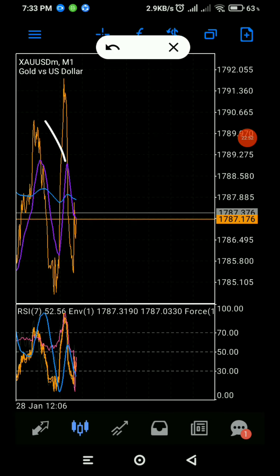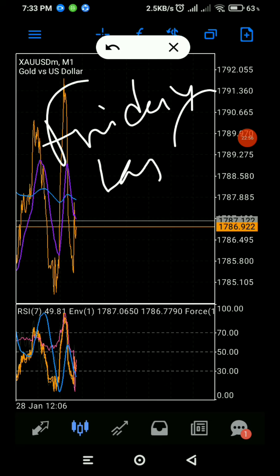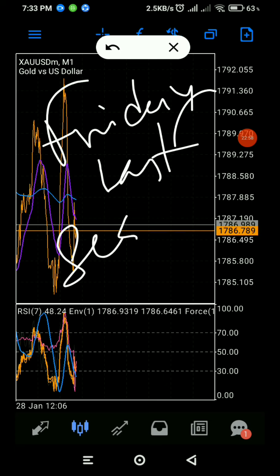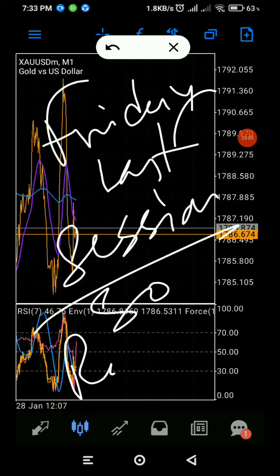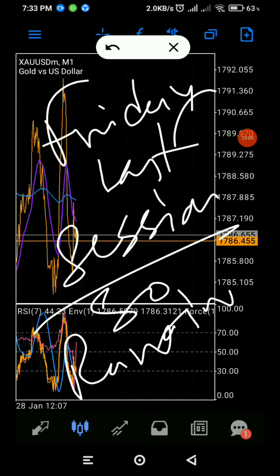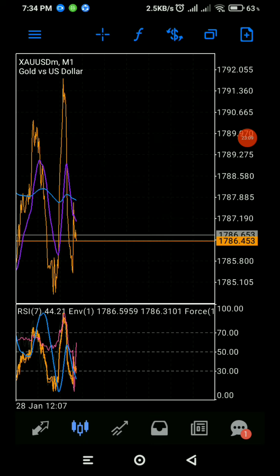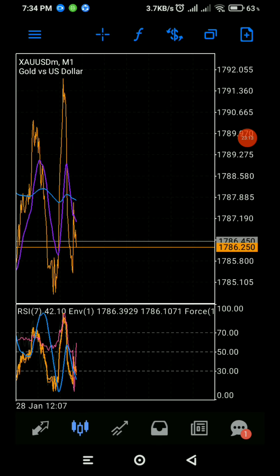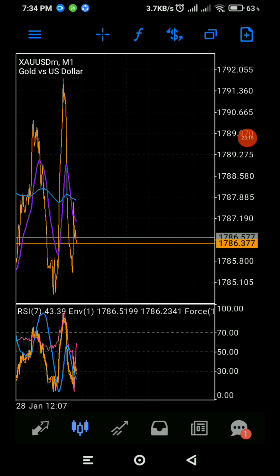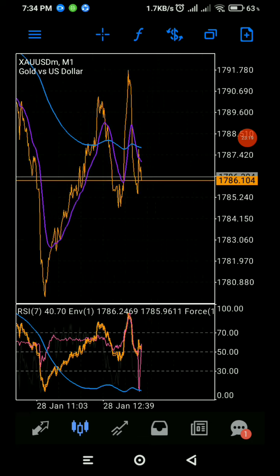If you analyze the market with Twin Tower, you really can improve your trading knowledge. And this is the Friday last session. I like to take trades in the last session. No reason, I just feel free on Friday, so I'm just taking.